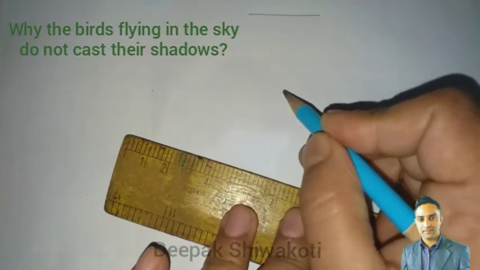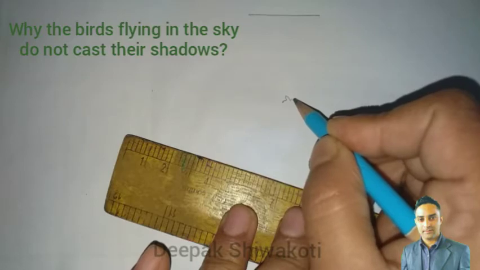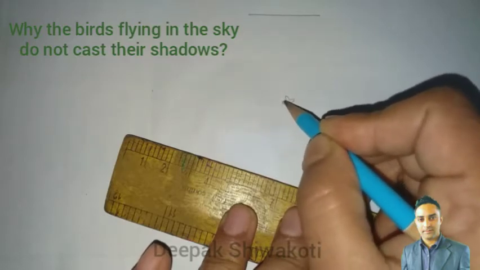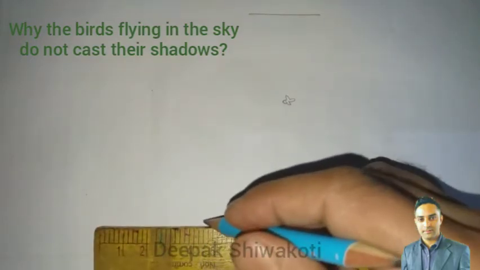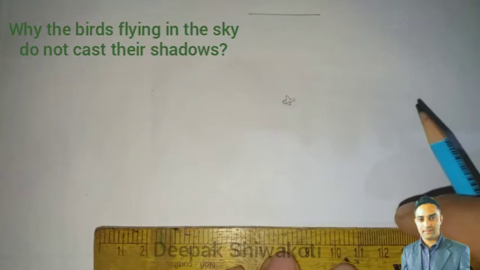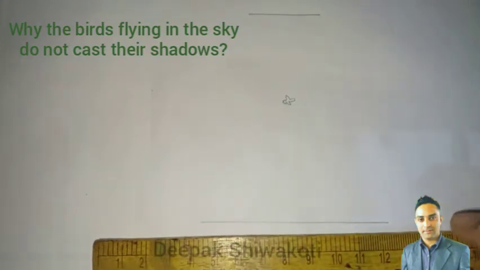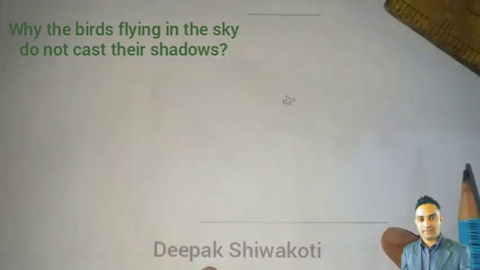Suppose one bird is here, and why is the shadow of this not cast here on the earth? So this is the screen, that is in our case the surface of the earth.